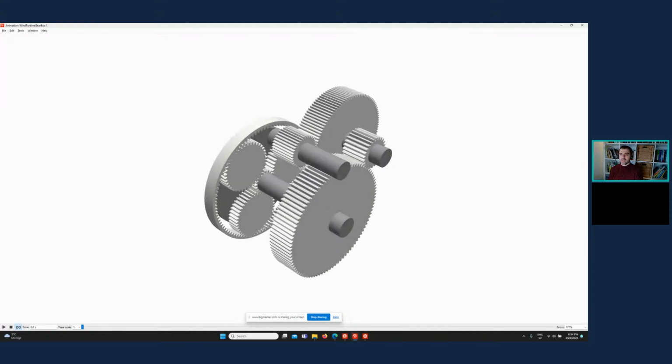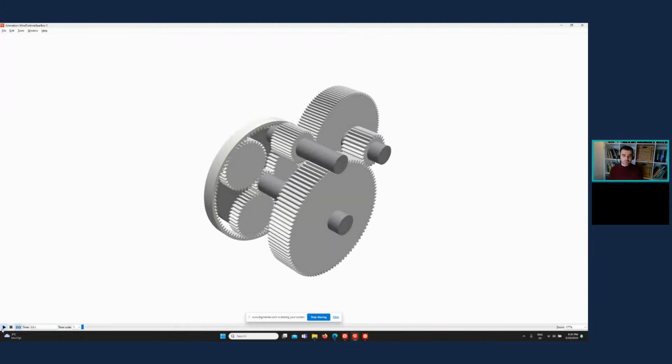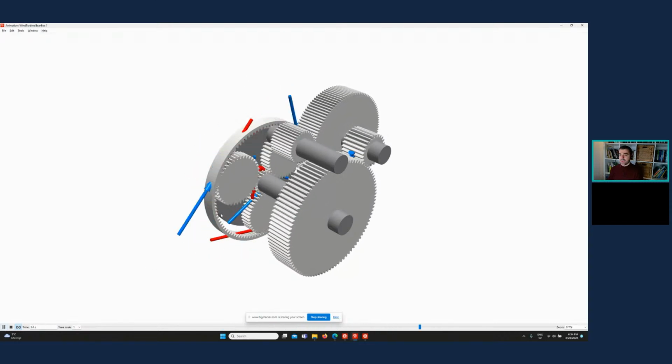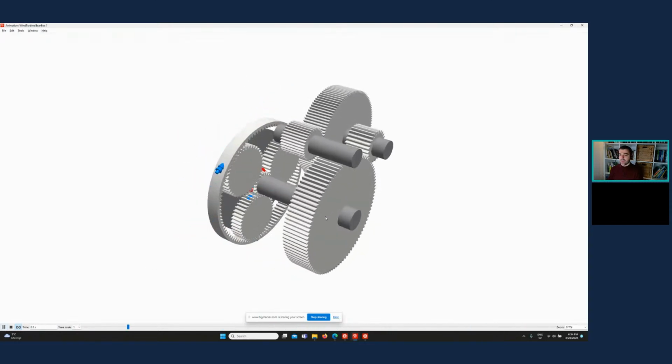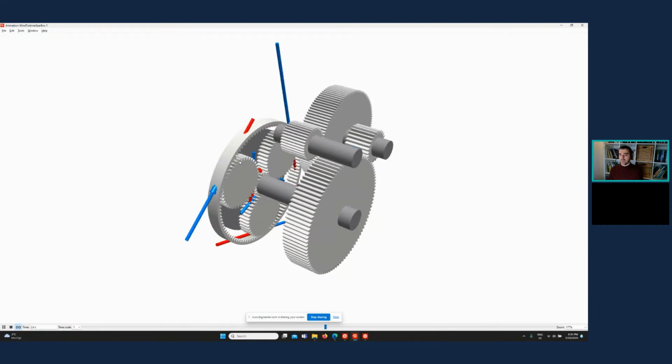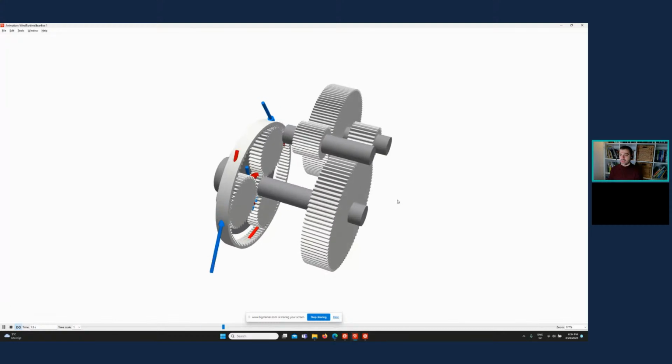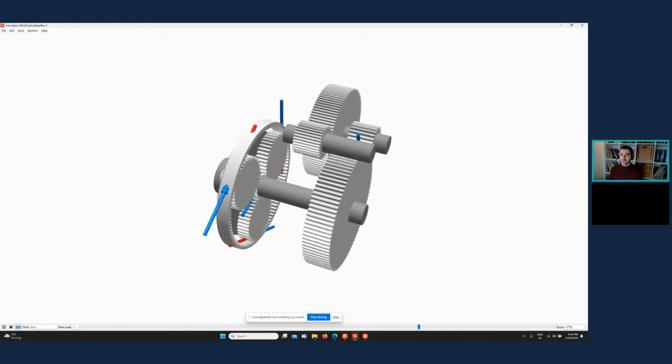All these animations come with Rotating Machinery. Here we have the gearbox, the planetary gear, and also the three-stage gearbox.